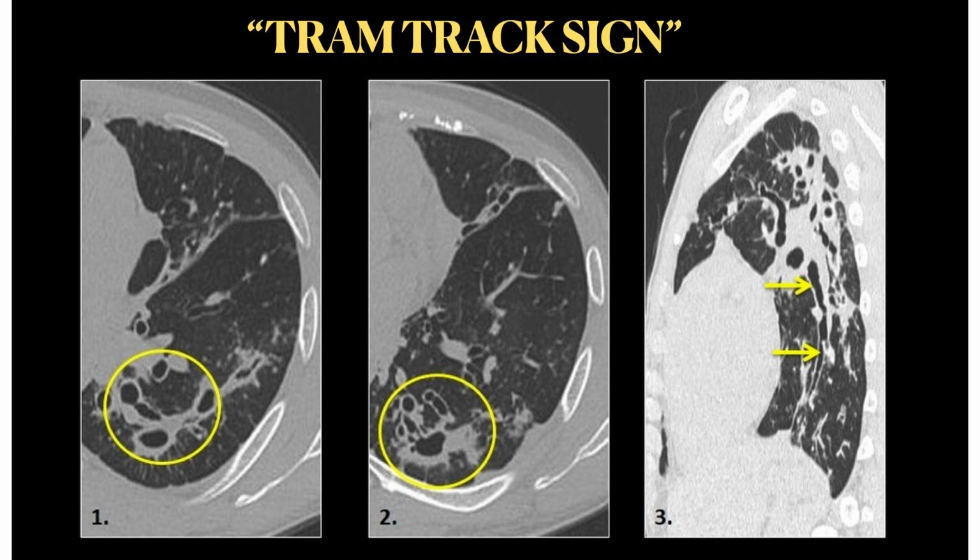The first 2 images reveal loss of tapering with uniform dilatation of the posterior segmental bronchus of the left lower lobe, classically described as the tram track sign.